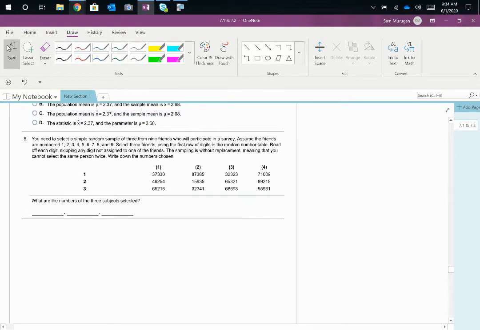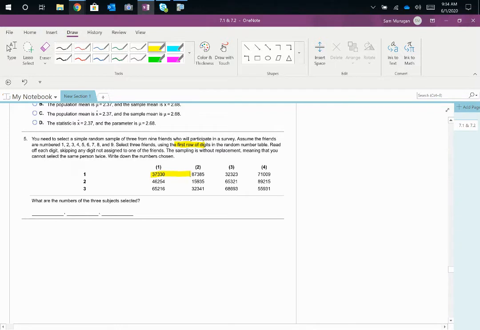All right, now you need to select a random sample of 3 from 9 friends who participate in a survey. Assume that the friends are numbered 1, 2, 3, 4, 5, 6, 7, 8, and 9. Select 3 friends using the first row, very important, the first row in the random table.